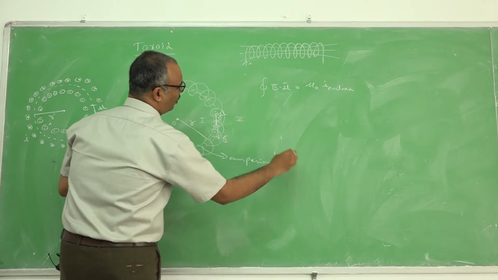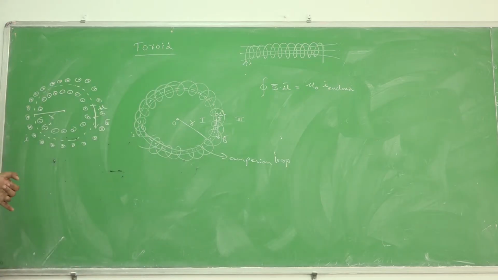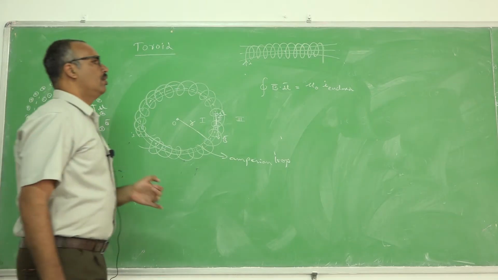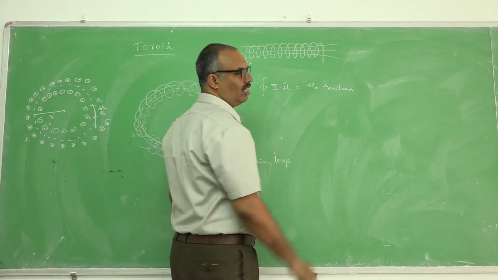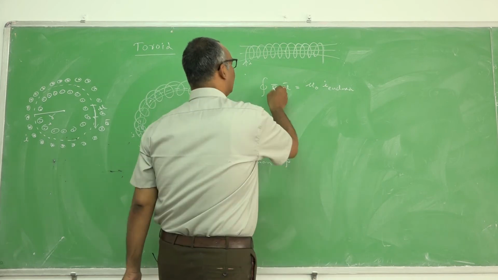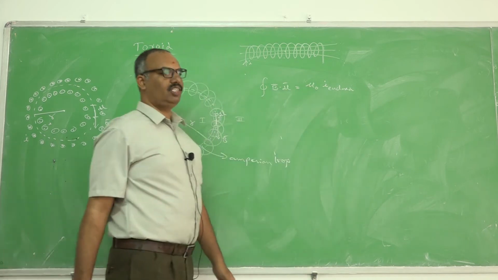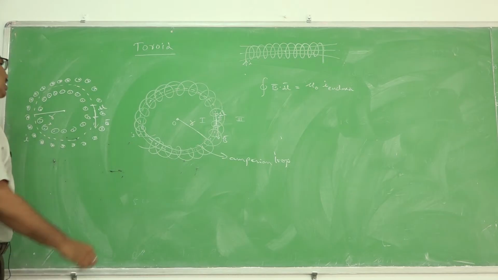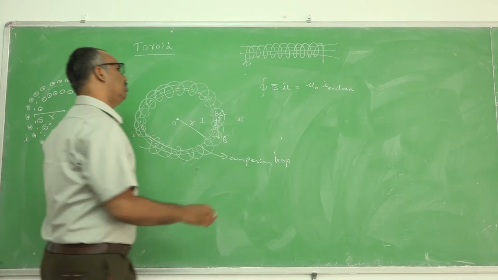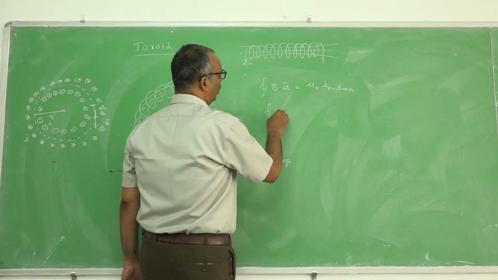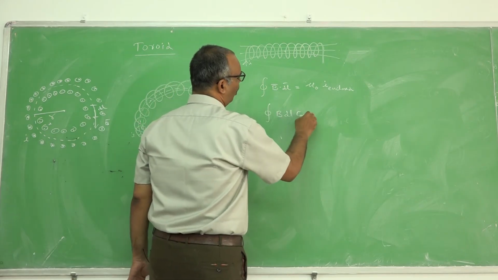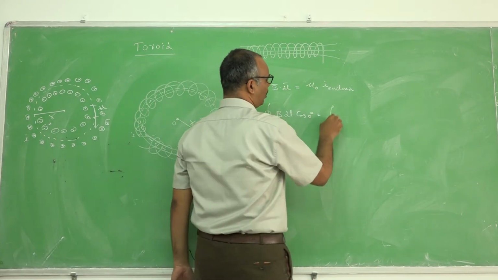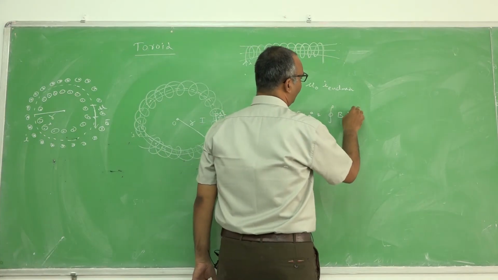Now, in order to apply this integral, this is B dl cos theta. Theta is the angle between B bar and dl bar, that is 0, cos 0 is 1. So it becomes closed integral B dl cos 0 degrees, that is nothing but closed integral B dl, as cos 0 is 1.